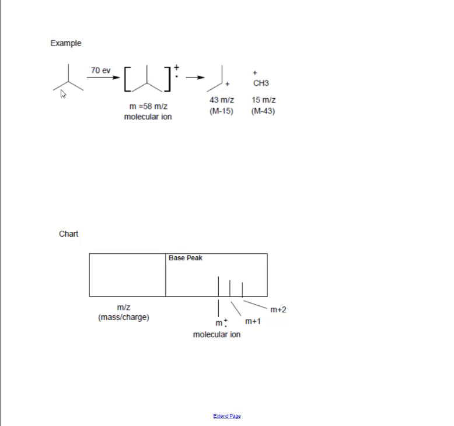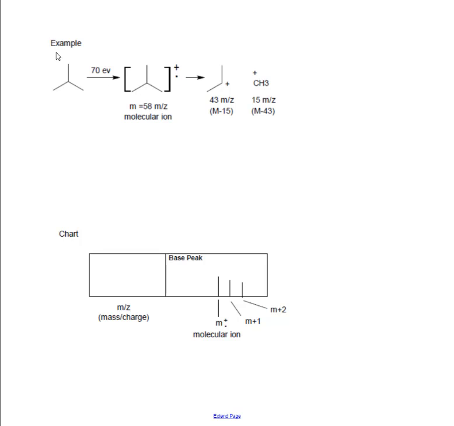When you're not concerned about where, you draw it in brackets and you write radical cation, because you're going to pull out an electron, making it lose an electron and become positive, but it's also going to be unpaired. So there were 2 electrons together, now there's only 1 somewhere. Because we don't care where it is, we just draw it in a bracket, and then we just write outside the bracket a radical cation, which is this right here.